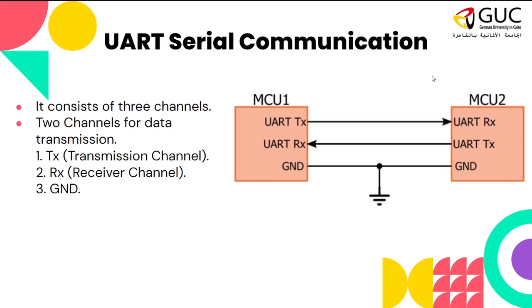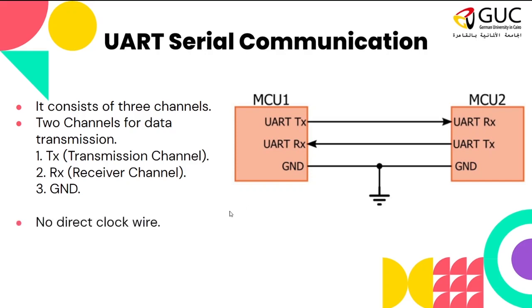And whenever we want to send data from microcontroller 2 to microcontroller 1, we go from its TX to the RX. And we have a common ground because we need both of them to be in the same circuit, as we said before.